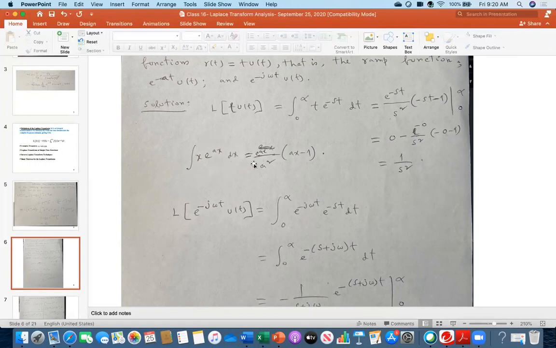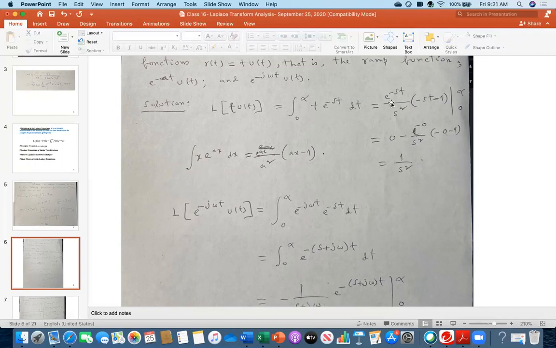Then the result is e to the power ax over a square, in parenthesis, ax minus 1. This is the result for this type of function. So exactly I am using this formula here. The function is t e to the power minus st, similar to that one.